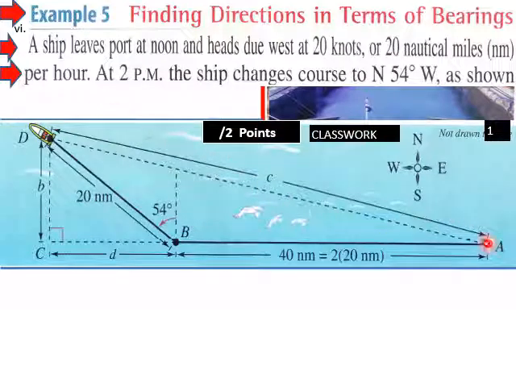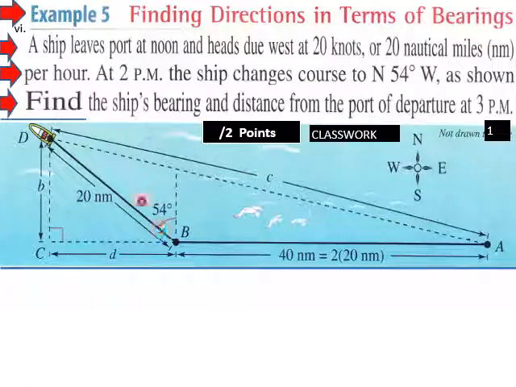So we head due west here at 20 knots to point B. At 2 p.m., the ship changes course to north 54 west, as shown. Find the ship's bearing and distance from the point of departure at 3 p.m.